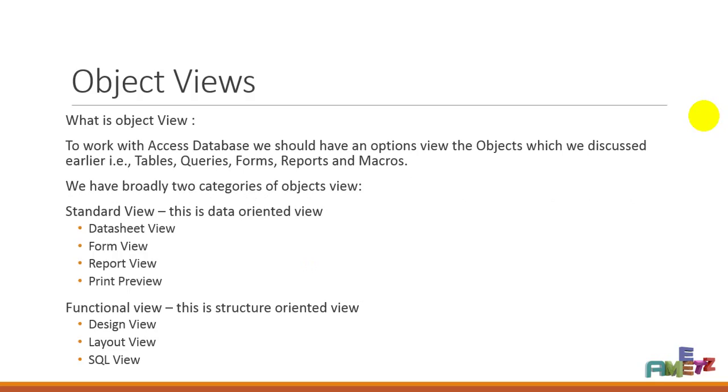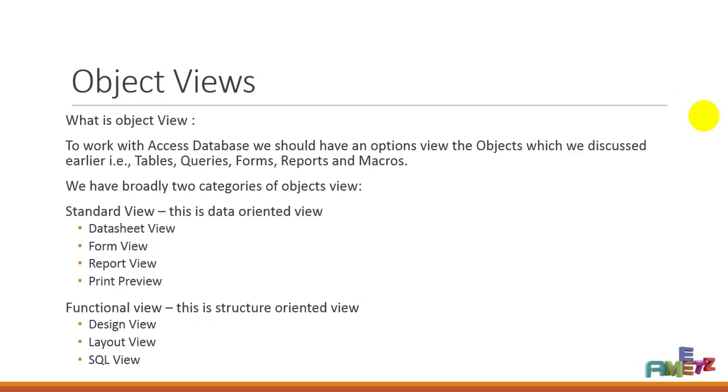We talked about all the objects, which are called tables, queries, forms, reports, and macros. So we need to have an object view, and we will learn how to see the object view, and also an example to understand why Access is useful to work with databases.